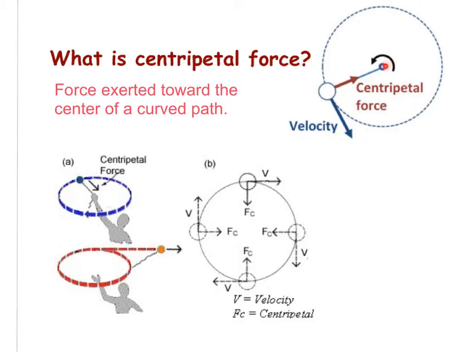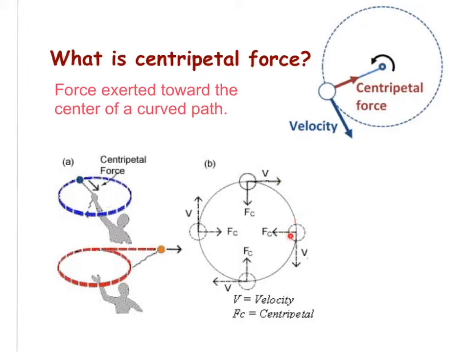So at the release of that object, it will continue to travel in a straight line perpendicular to the last moment that it experienced the centripetal force, pulling it in.